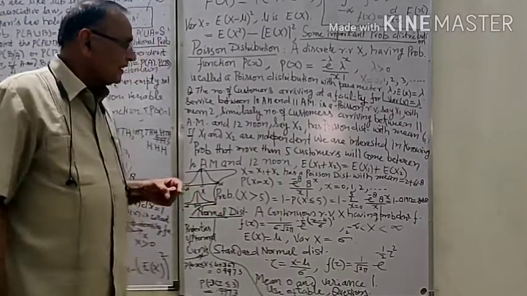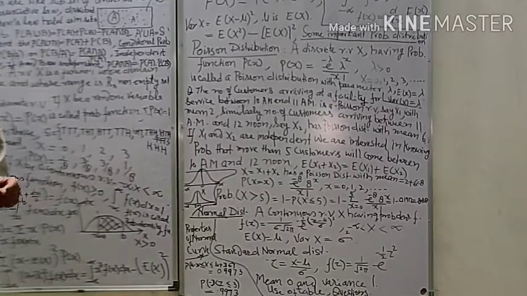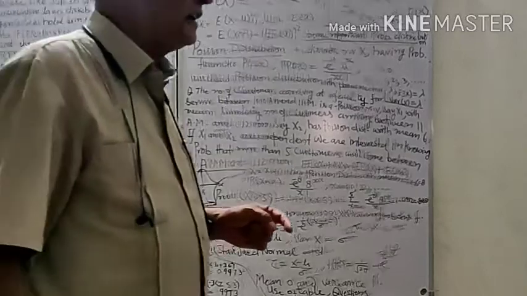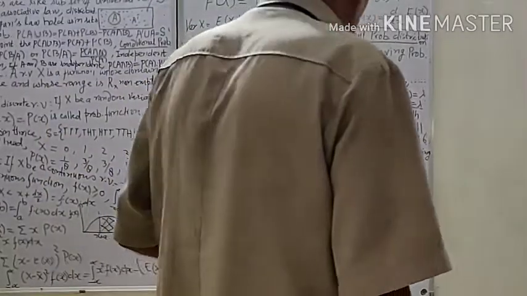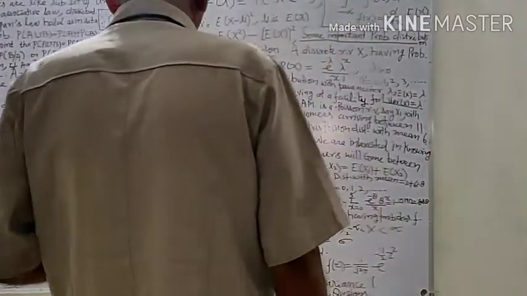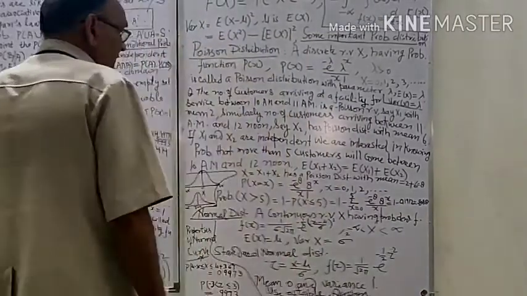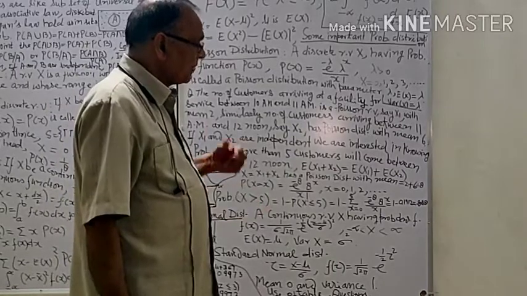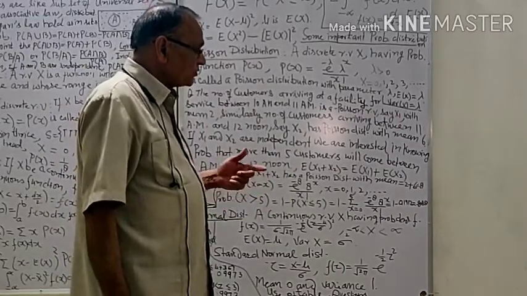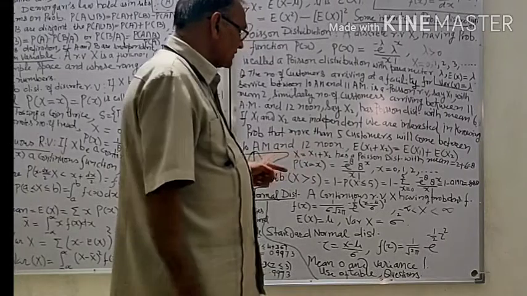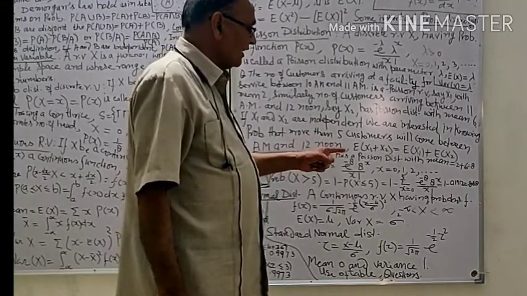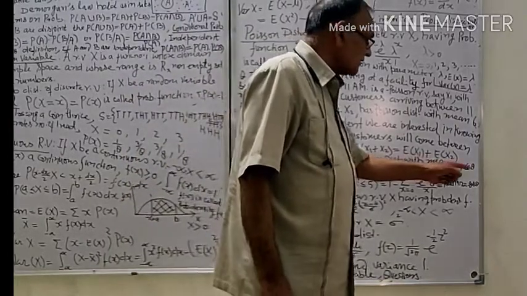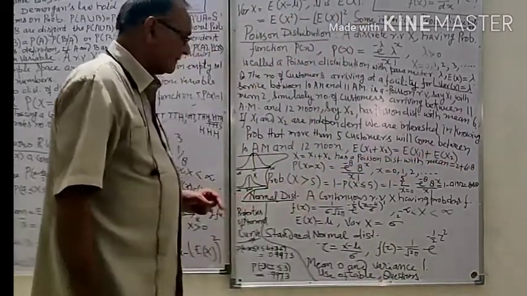But there is one important property of the Poisson distribution: the sum of two Poisson variates is also a Poisson variate, and its mean is the sum of the separate means of the two random variables. In this case, x1 plus x2 has a Poisson distribution and its mean will be 2 plus 6, which is equal to 8.